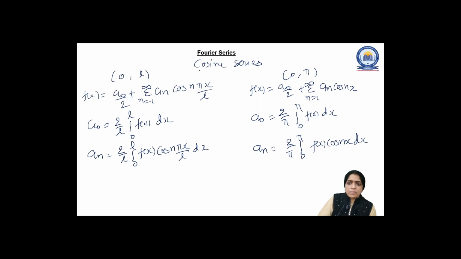So students, this is the formula of the cosine series for the period 0 to L and for the period 0 to pi. So let's start the example of the cosine series.